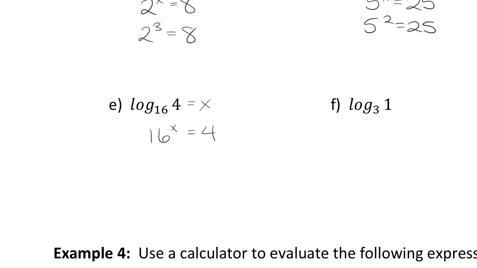You can divide by a fraction. An exponent that's a fraction, yes. Because if you think about it, isn't the square root of 16 equal to 4? Yeah. And how do we write the square root as a power? That's the power 1/2. So if 16 to the 1/2 power is 4, that means log base 16 of 4 is 1/2.